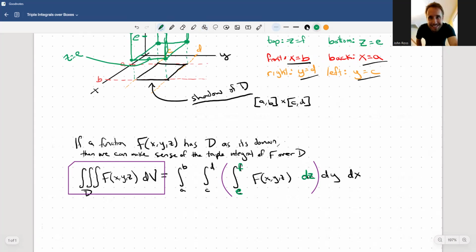In doing this, we're going to eliminate any z's in our function. We'll do that by finding an appropriate antiderivative and plugging in using the fundamental theorem of calculus. So in that process, we'll eliminate any z's, and what is left is just a function of x and y.